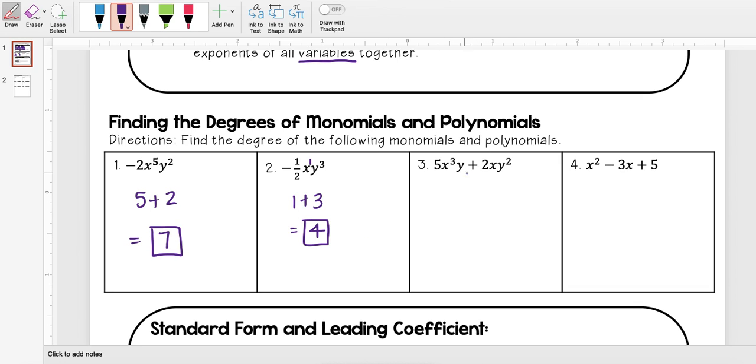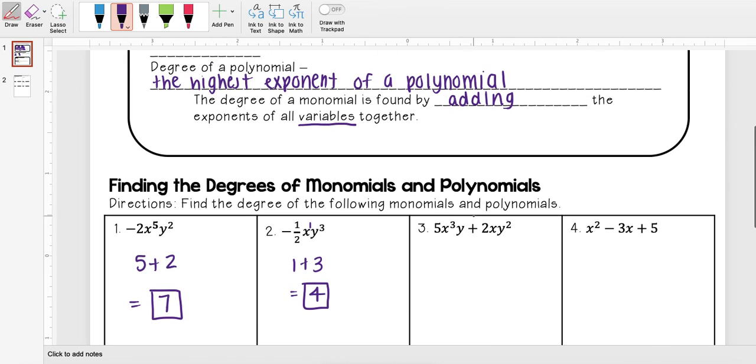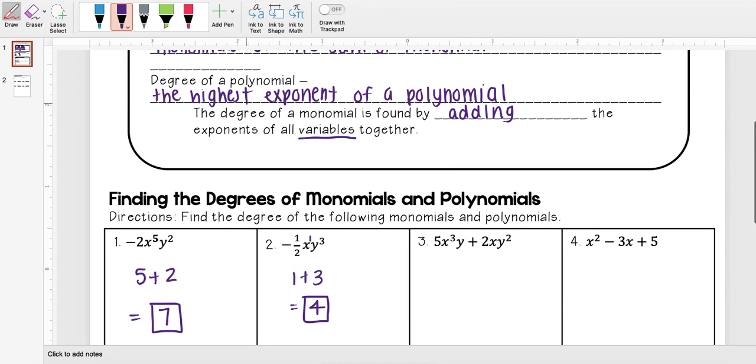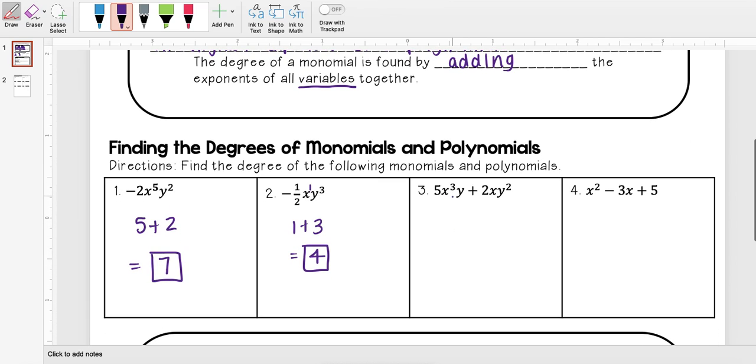Now number 3, I see I have a binomial here, so a polynomial. And so to find the degree of a polynomial, it's going to be the highest exponent. So I'm going to have to determine what the degree is of this first term and what the degree is of the second term and see which one is higher.